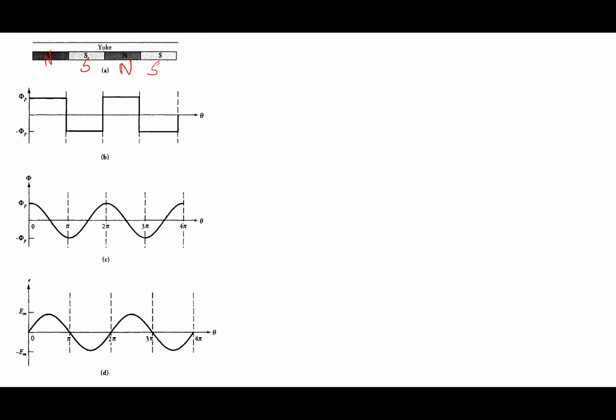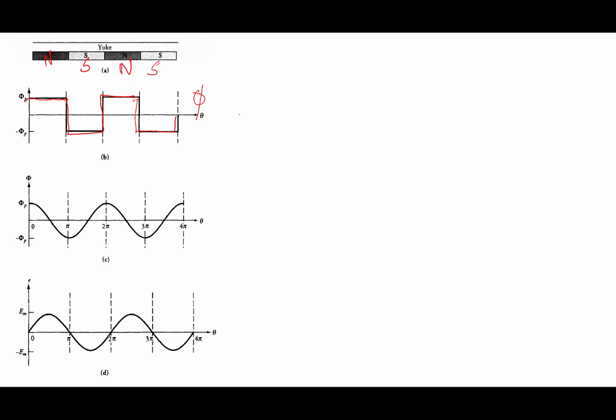Now your flux will be fixed for each pole. For the north pole it is positive and for the south pole it is negative. This is the flux produced by the permanent magnet which is fixed to the stator, right?